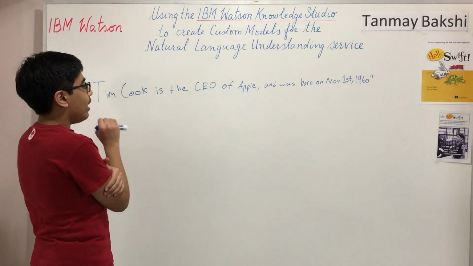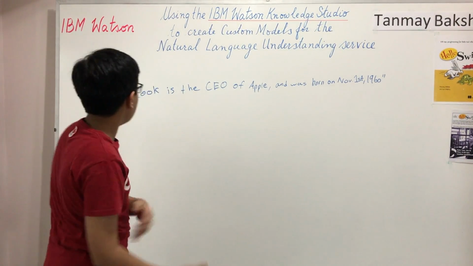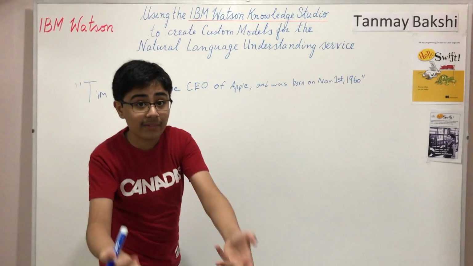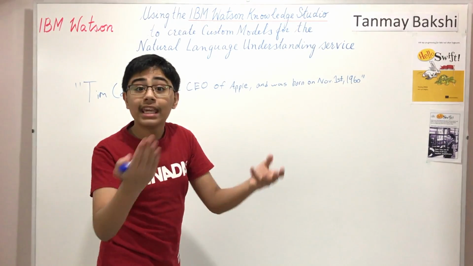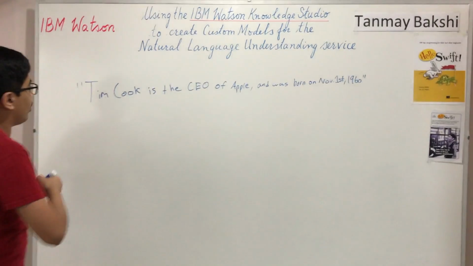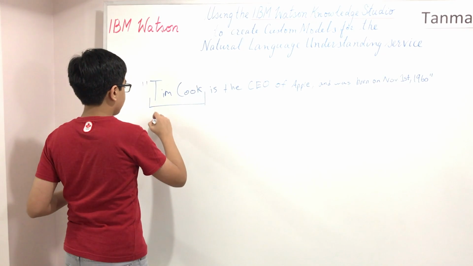Now, we've got a lot of information here, and what the Natural Language Understanding Service will do is it will actually label this information so that we can actually make use of it and use it in our applications in order to make decisions. So what it's going to do is it's actually going to label Tim Cook in the text as person.